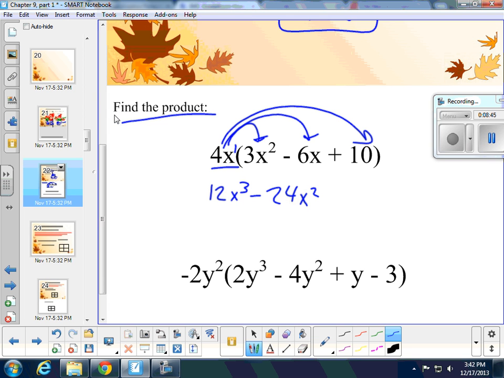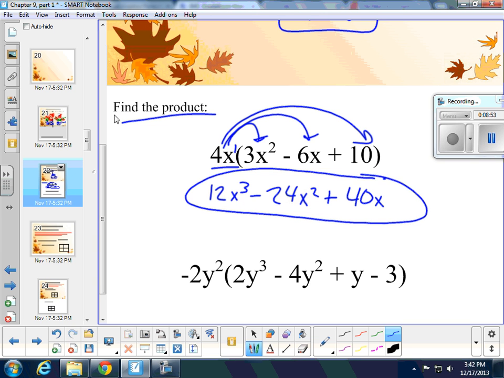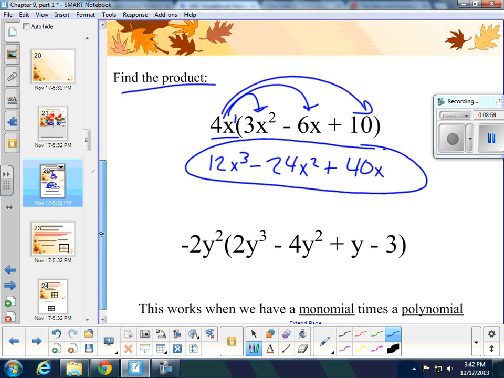And then 4x times 10, well, 4 times 10 gives me 40, and the x comes along, so 40x. So that's what this one simplifies to, or can be multiplied to get that monomial times that trinomial. Same thing even for any polynomial.